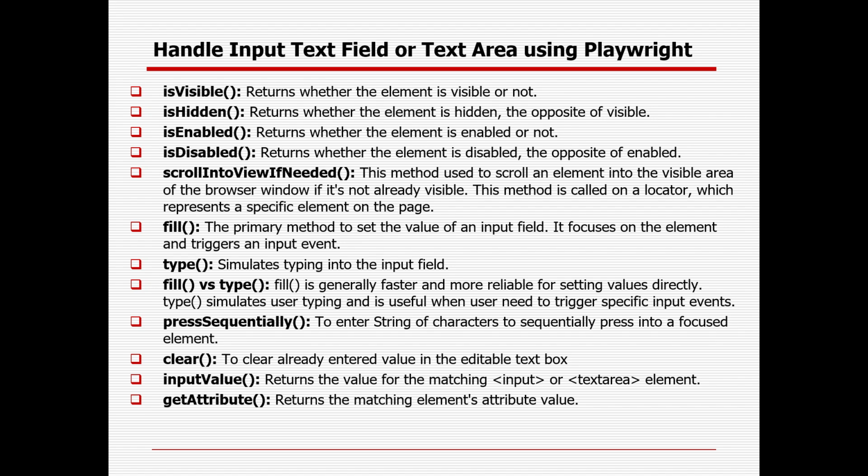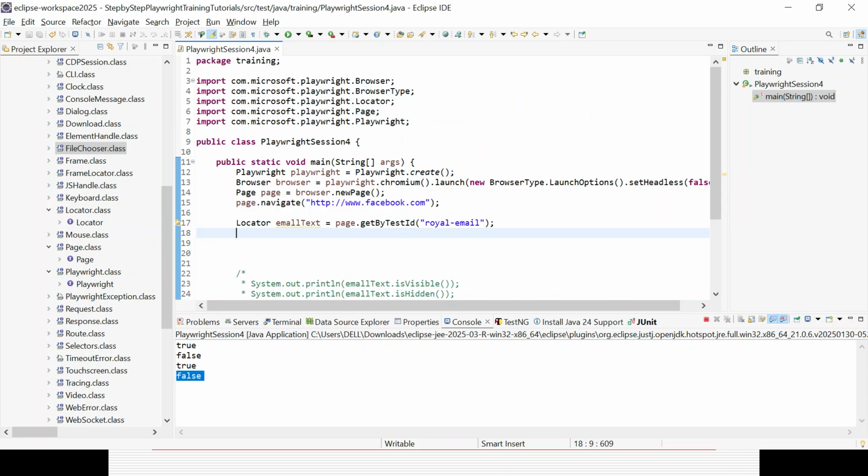This method is used to scroll an element into the visible area of the browser window if it is not already visible. It is called on a locator which represents a specific element on the page.